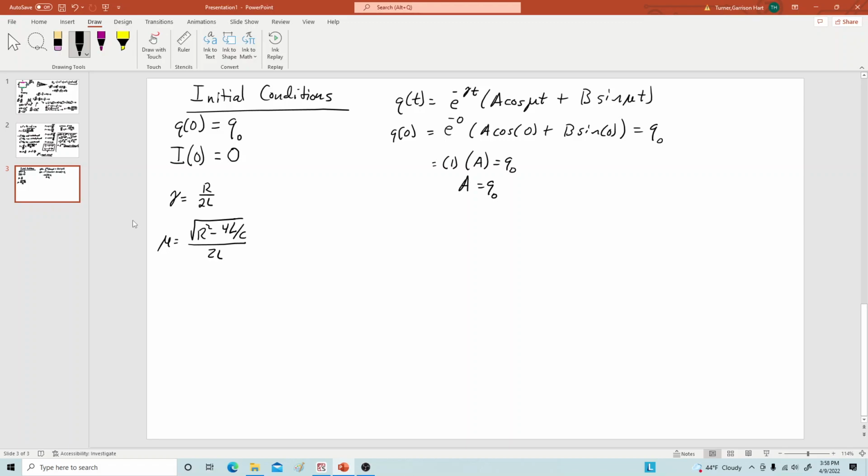So now we've solved for one of our coefficients. Now we do the same thing using the second condition. Okay, so first condition, check.